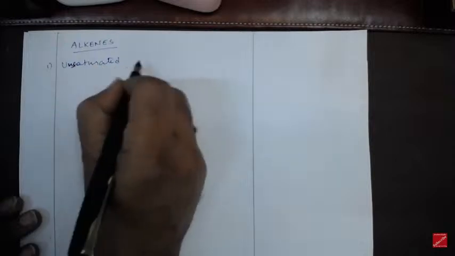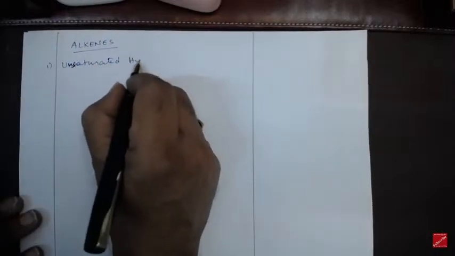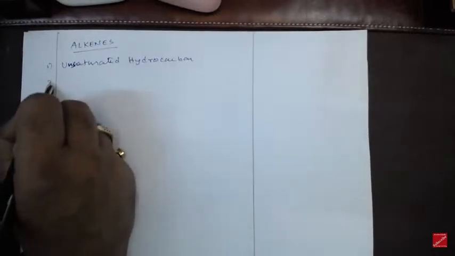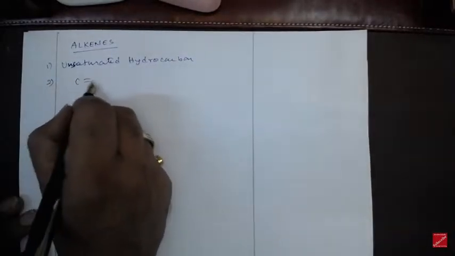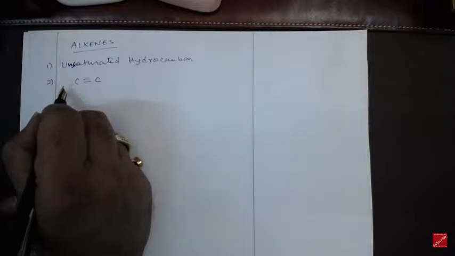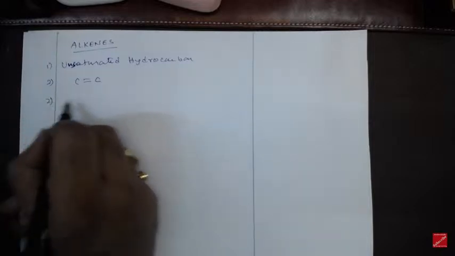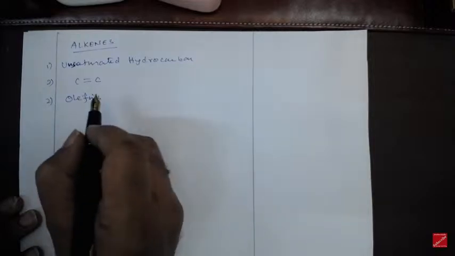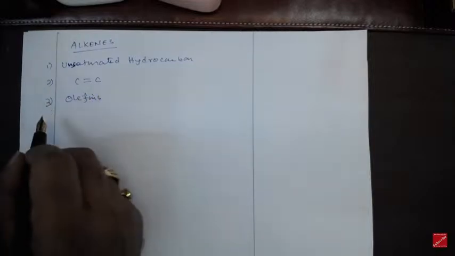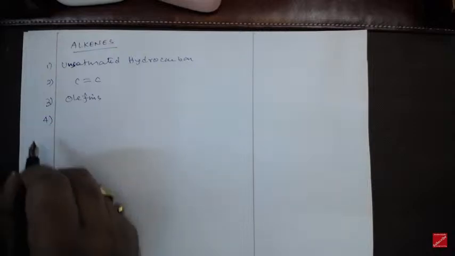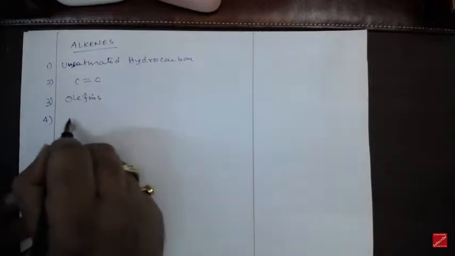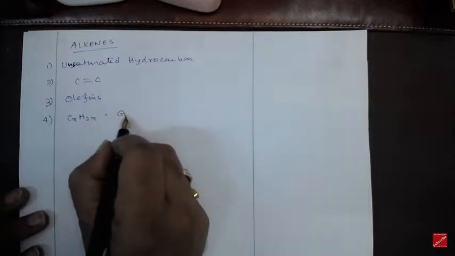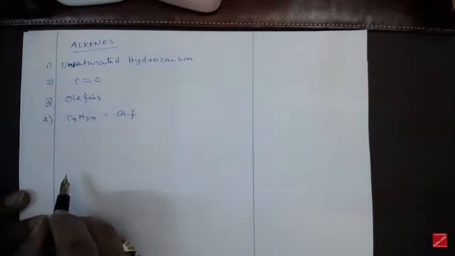It has a CC double bond. They are also called olefins. They have the general formula CnH2n. It is the general formula. GF means general formula.